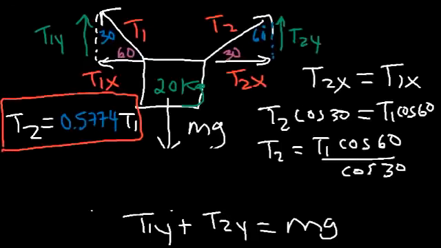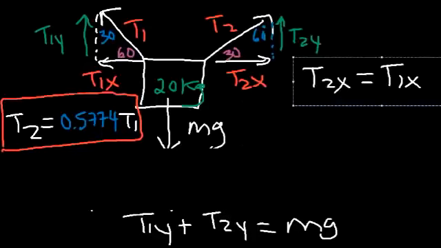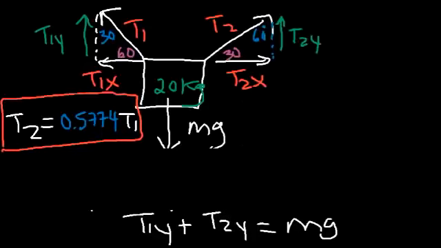So now let's work with the other equation. T1y plus T2y is equal to mg. So somehow we've got to get T1 and T2. We know that T1y is T1 sine theta, and theta is 60. 60 is opposite to T1y.